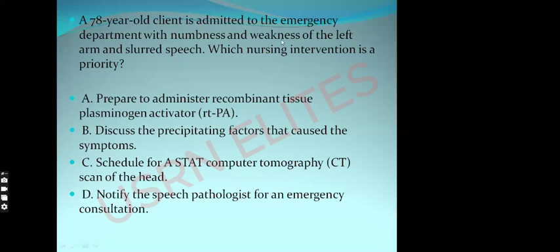With the problems the patient is presenting, which nursing intervention is a priority? We are looking for one. We've talked about this, so I don't think we should spend a lot of time here. Everybody should get this question correct.